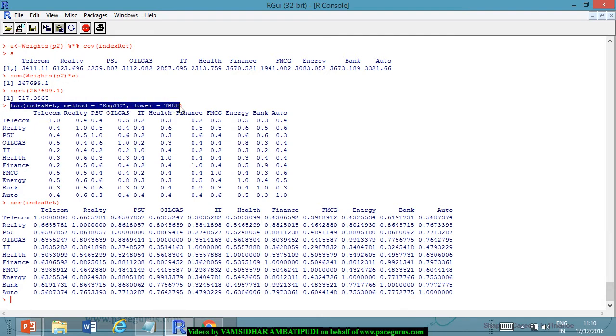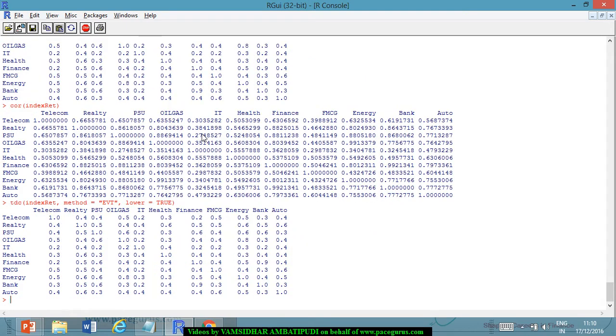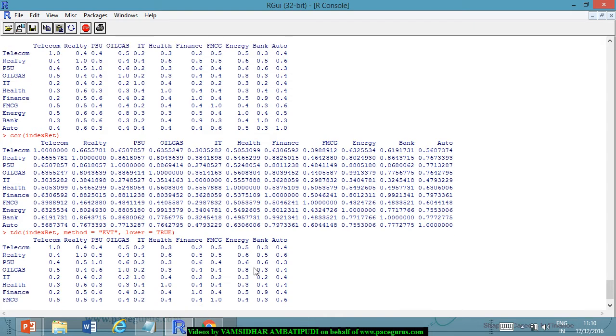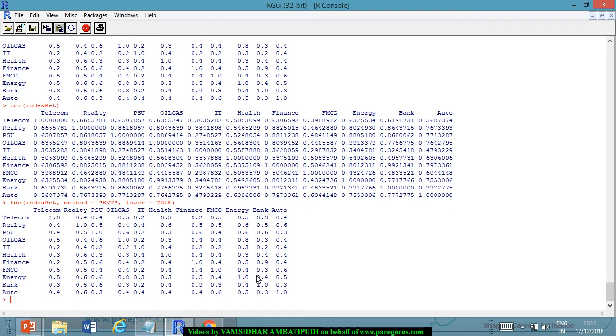Similarly, if I go with the EVT standard function, in this case there's not too much of a difference. Whether I'm going with EVT or the empirical tail copula, because the sample size is much smaller, both of them are giving me a similar value for the tail.